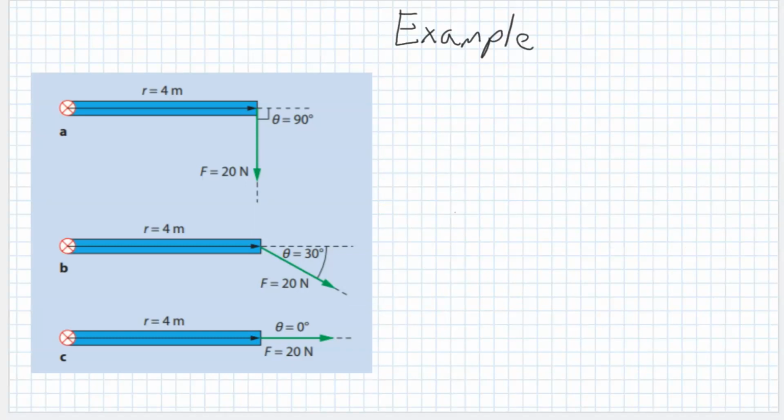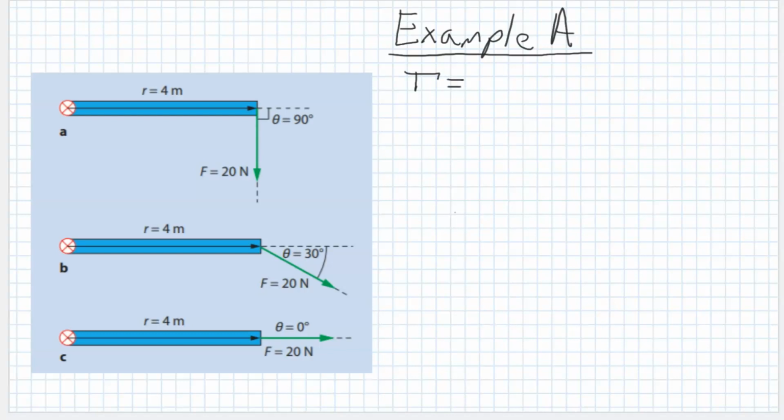Let's start out with the top example here, example A. The axis that it's operating from is the red circle with the x. The green arrow represents the force. In the first example, the force is acting at 90 degrees, and because the sine of 90 is 1, that'll be when the torque is greatest.